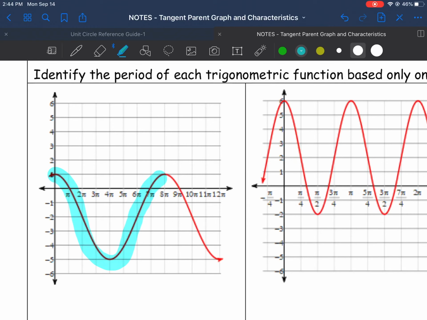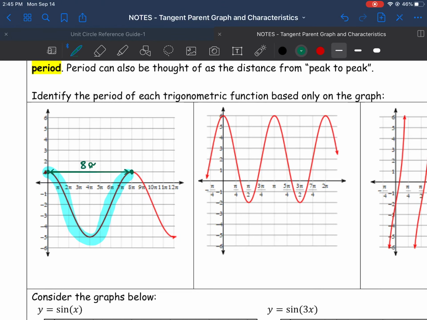Okay, there's one cycle here. We can see that we started at 0, we ended at 8 pi, and the horizontal length here, 0 to 8 pi, would be 8 pi. So the period, and we're going to use capital T to represent period, the period here is 8 pi.